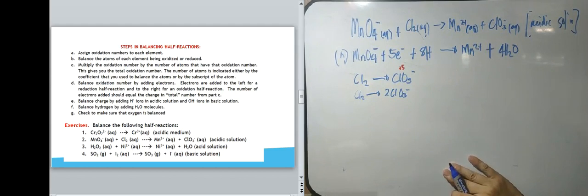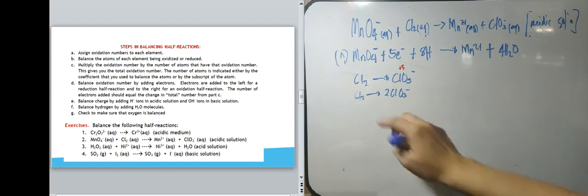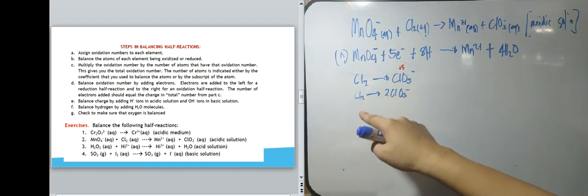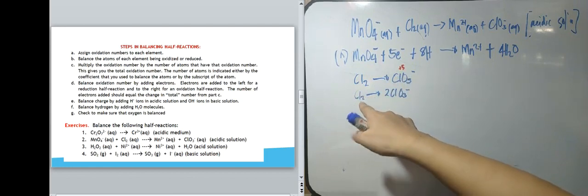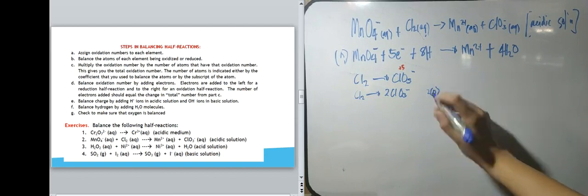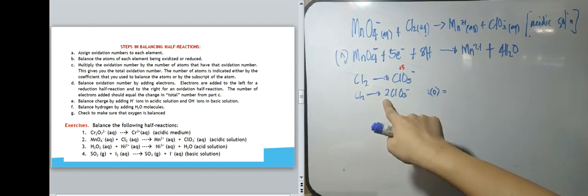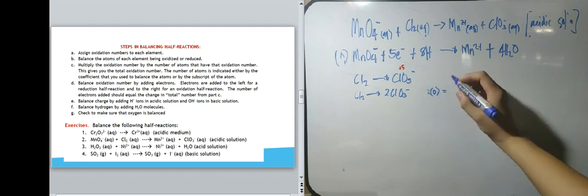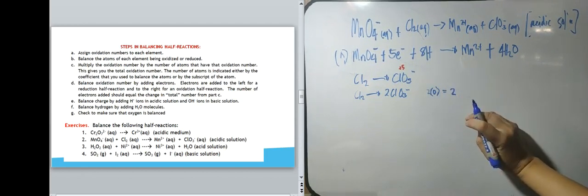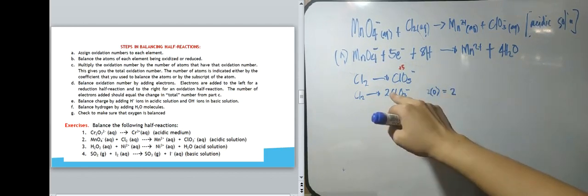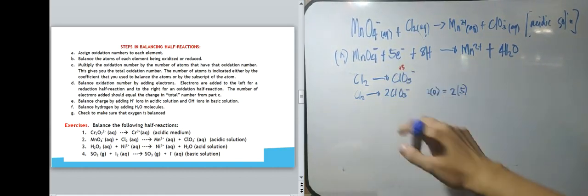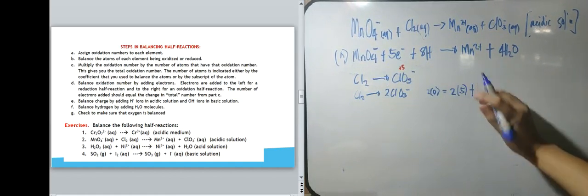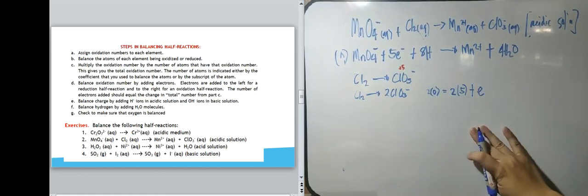So, next is multiply the oxidation number by the number of atoms that are being oxidized. So, multiply the oxidation number. It is 0 here, 2 times 0 is equal to 2 times 5, I should say, because 5 is the oxidation number of this, plus how many electrons.